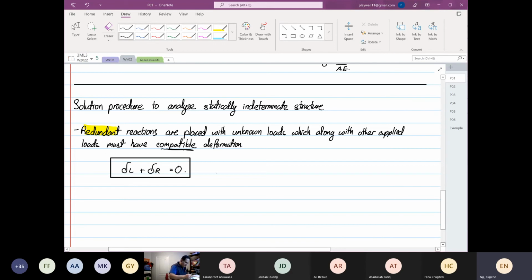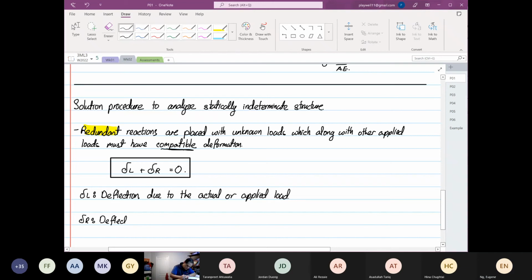Let me define what is delta L, which I've just spoken. So delta L is the deflection due to the actual or applied load, and delta R is the deflection due to the redundant load.